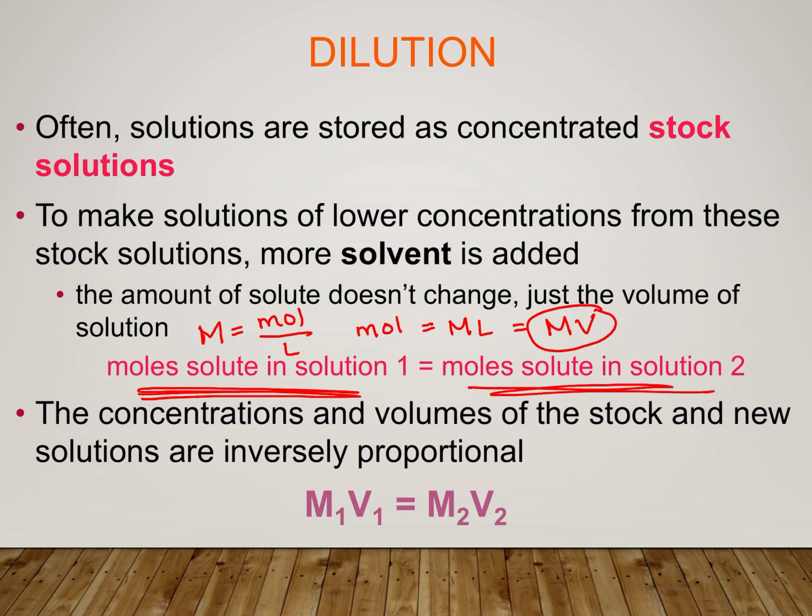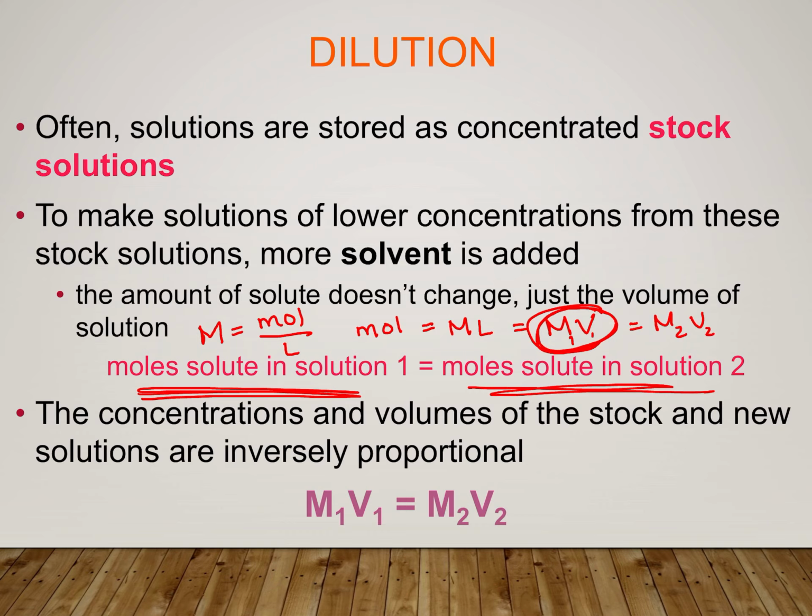The things that are changing are the molarity and the volume, but the number of moles of your solute doesn't change, right? You're not adding or subtracting any moles of hydrochloric acid, you're just changing the amount of water. So since we're just changing the amount of water, the molarity and the volume before, if you multiply those together and get moles, that will equal our molarity and volume after.